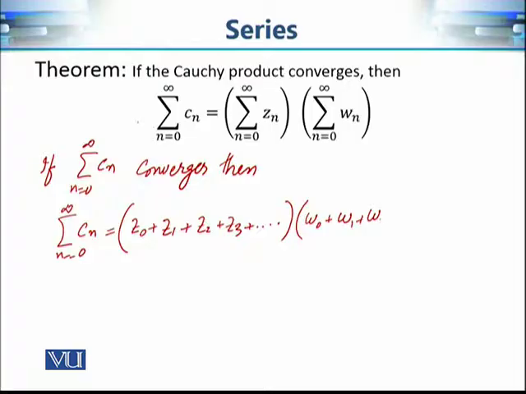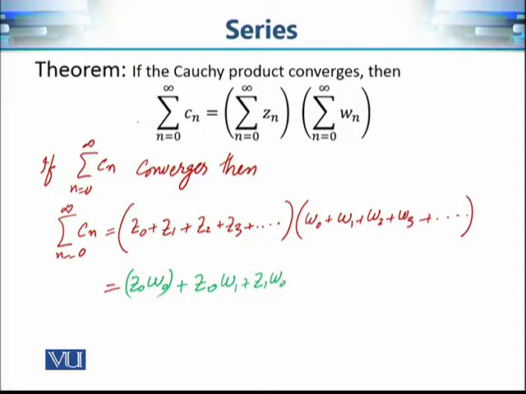If there is equality, then it is going to be equal to the product of these two series. In other words, Z0 plus Z1 plus Z2 up to so on, multiplied with W0 plus W1 plus W2 plus W3 up to so on. This particular calculation is going to motivate us why we define Cauchy's product in this particular way.